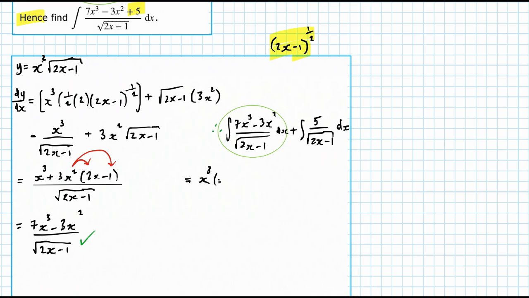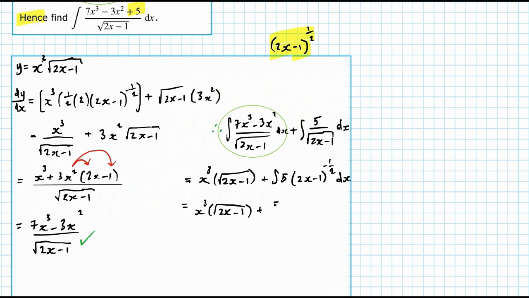So we substitute it in because it's the same thing. And then we continue with our other part. So 5 goes out front, 2x minus 1 to the half, minus a half, dx, of course, is minus a half. And then we're simplifying from here, I think, except for that second part.